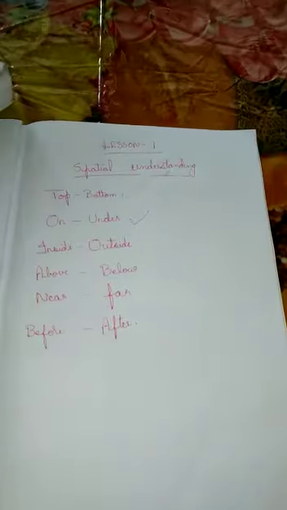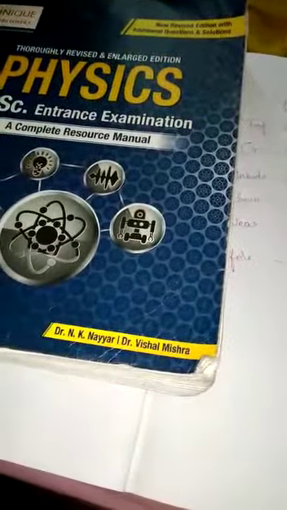on, under. For that, let us consider the same example. The flower pot is on the book.